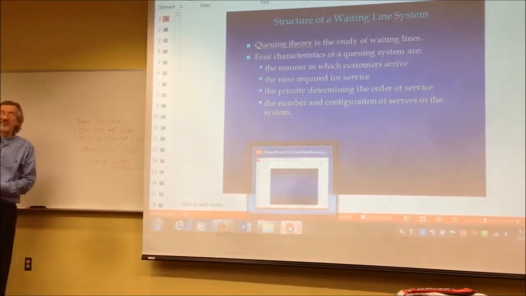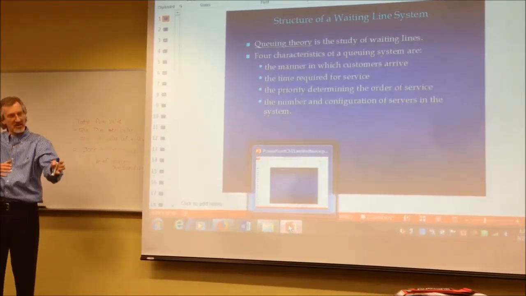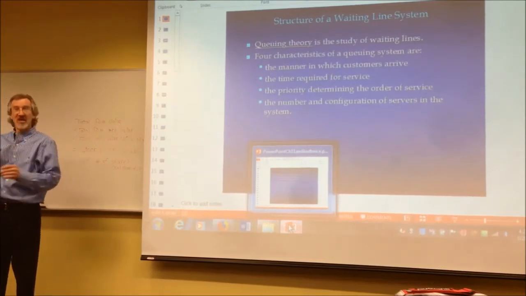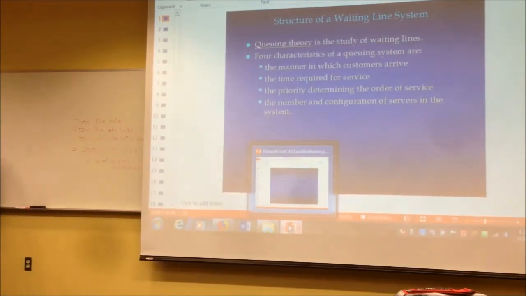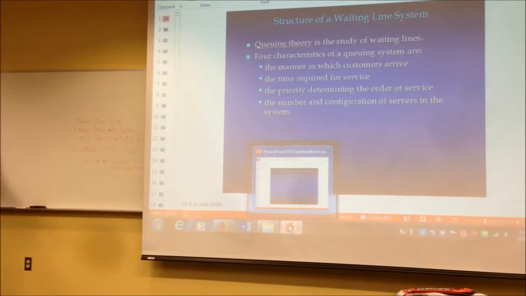That's the breakdown that I did last semester. That seemed to help everybody figure out quickly which formula to use. I always start with canceling out formulas. It can't be constant, because the service isn't the same for everybody. It can't be arbitrary, because there's nothing about standard deviation or variance. It's got to be one of these two, and if there's only one teller, or one ticket taker, or whatever it may be, it's got to be this one.